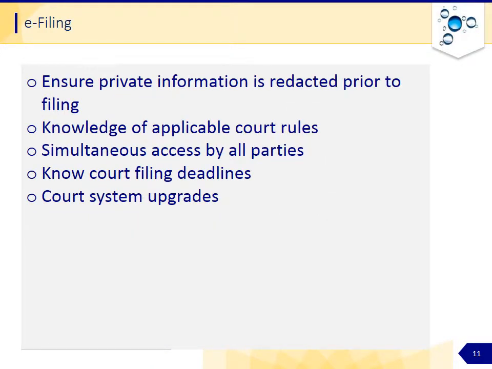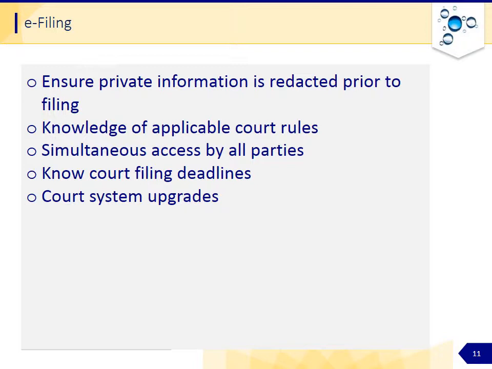And e-filing, you want to ensure that private information is redacted prior to filing. That's an error when information is private. Let's say, for example, in bankruptcies, you may have loan documents that need to be filed to substantiate a claim that's being filed in that bankruptcy.